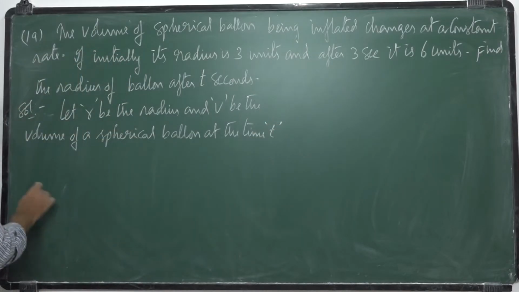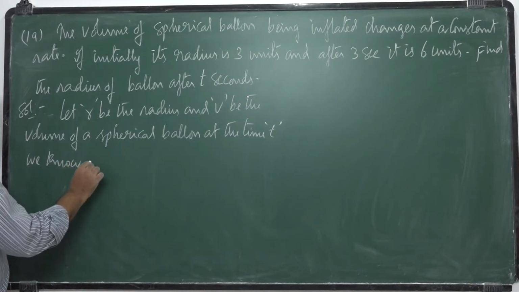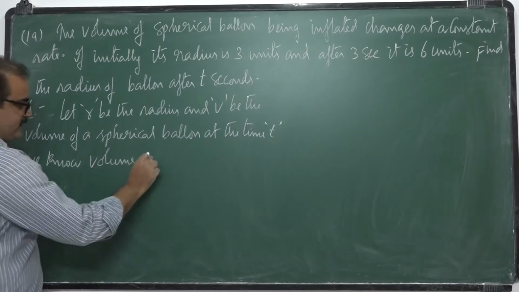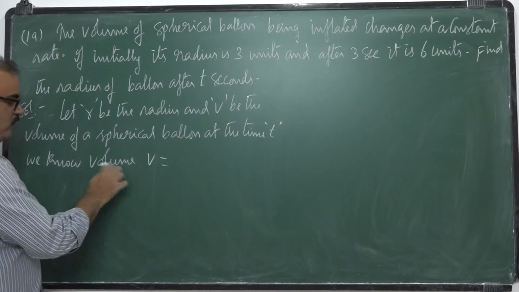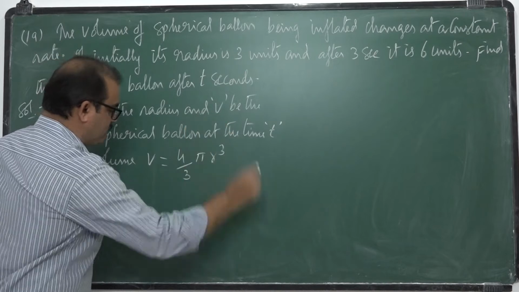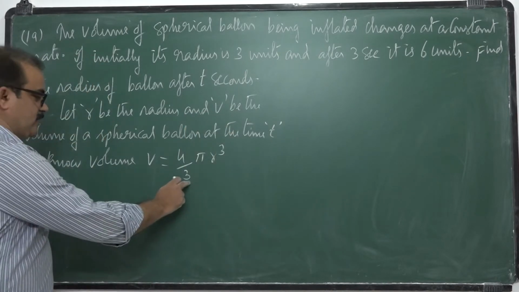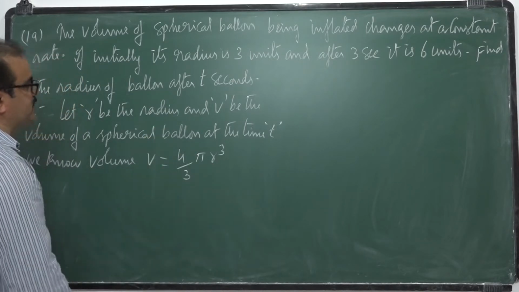We know the balloon is in the shape of a sphere, so the volume V is equal to 4 by 3 pi r cube. It is the formula to find the volume of the sphere.